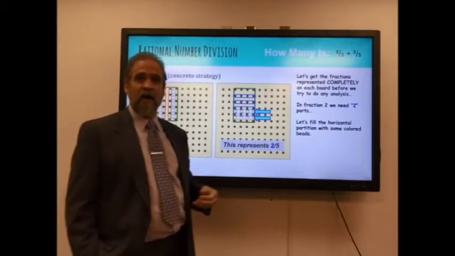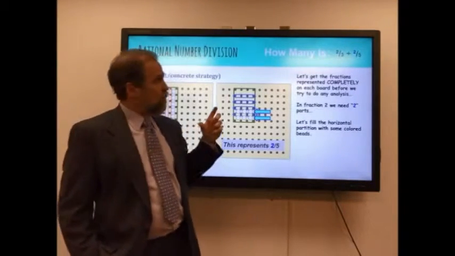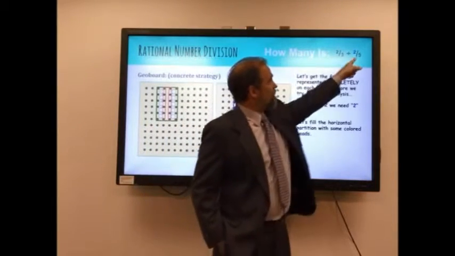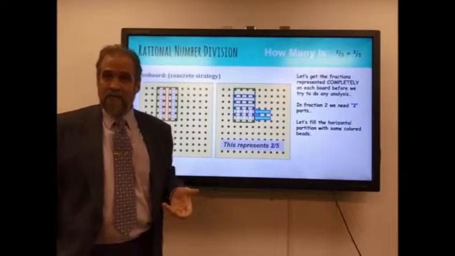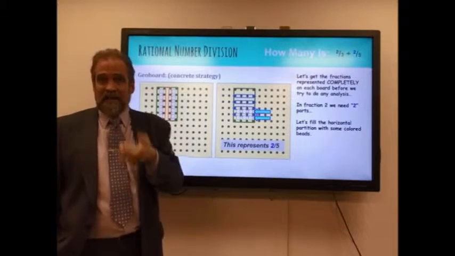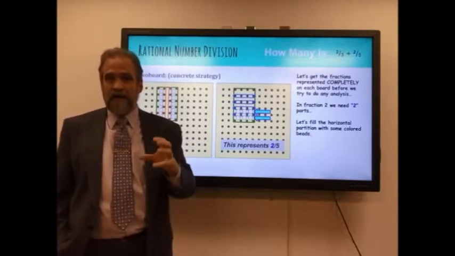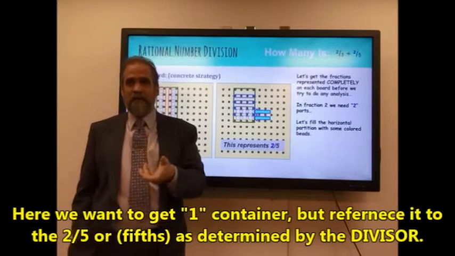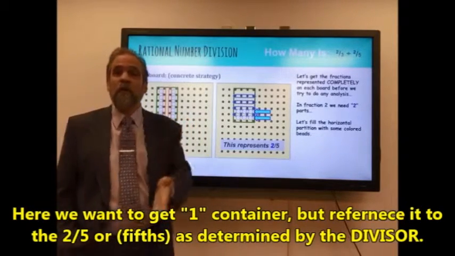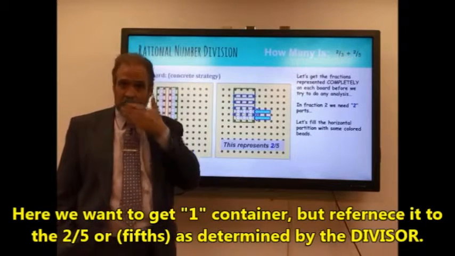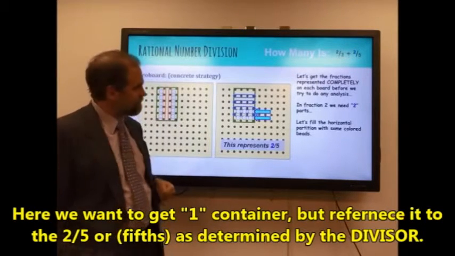Well, if I'm going to build up a 5/5 out of a unit of 1/5 in the same manner, because 5/5 is a whole, I'm trying to get my second fraction to be a 1, and then change the first fraction to what it would correspond to as a ratio. Okay, so let's see.